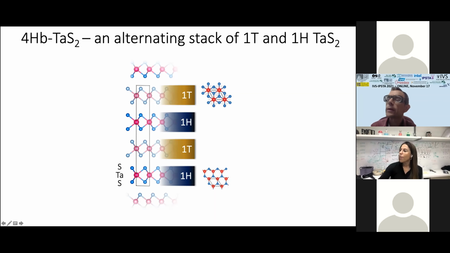Now, in the 1H, the two layers of sulfur are aligned vertically, one with respect to another, whereas in the 1T, the two sulfur layers are twisted by 60 degrees, one with respect to another, and you can see this clearly in the top view of the different layers.